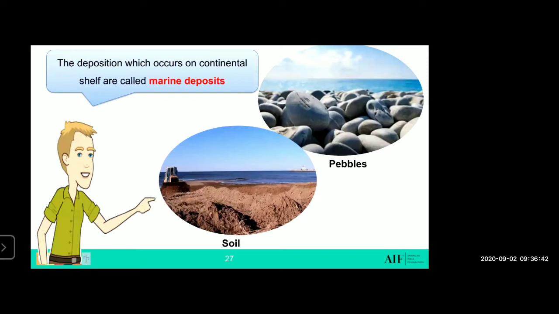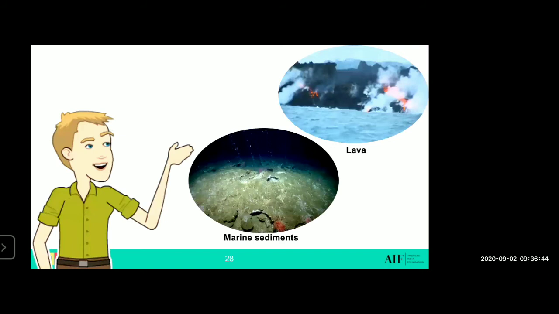The next one is lava and ash that erupt out of volcanoes. Fine soil particles and remains of plants and animals are also mixed in such deposits. Here you can see lava coming out into the sea water, and also marine sediments. You have heard this word, marine sediments, in the previous slides which I showed you, ocean sediments. I hope you remember that word and the concept also.